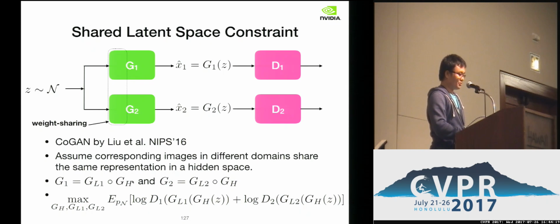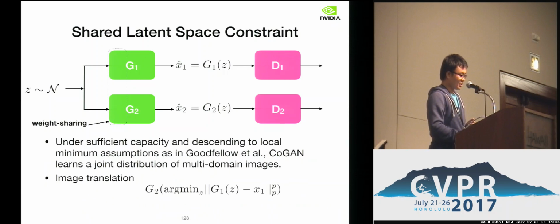Map Z to some representation and then map to an image in daytime, and map Z to some intermediate representation and map image to a daytime. By doing this constraint, you can learn the joint distribution from samples from the marginal distributions.